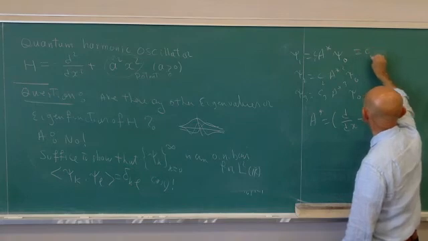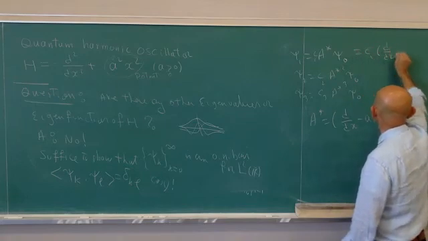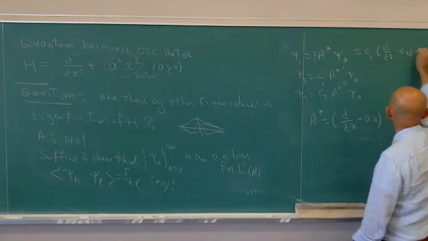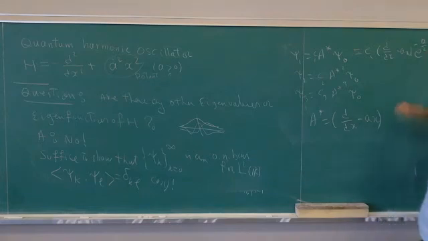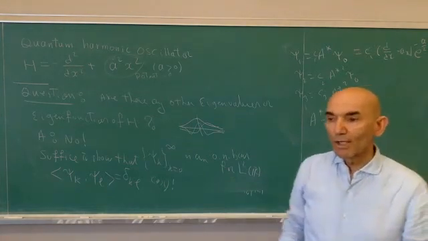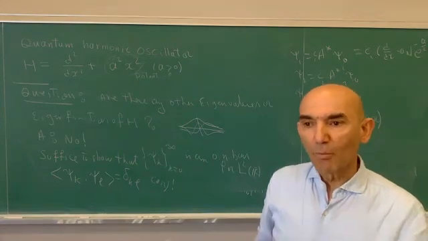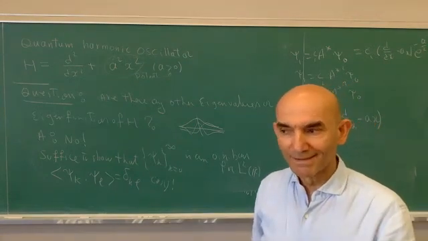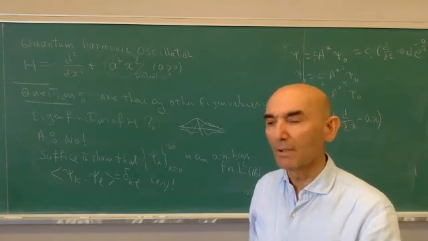This is equal to C1 (d/dx minus ax) times the exponential of minus a over 2 x squared. This is this Gaussian. So when you apply this differential operator to the Gaussian, you get a function which is a polynomial times Gaussian.